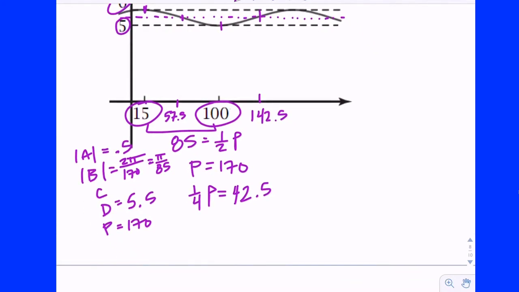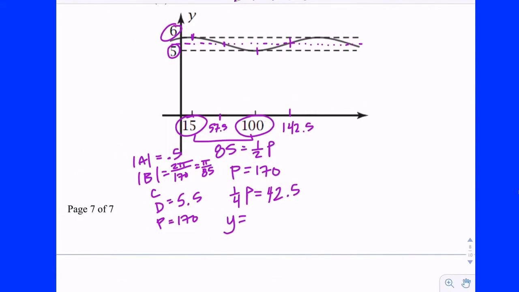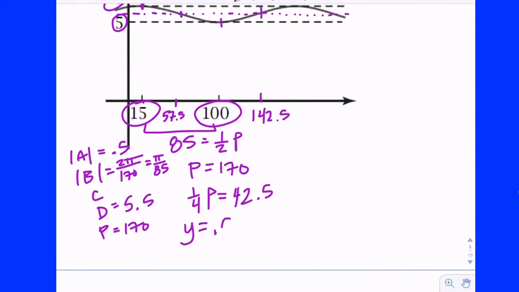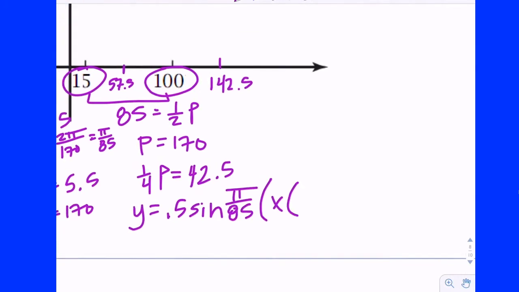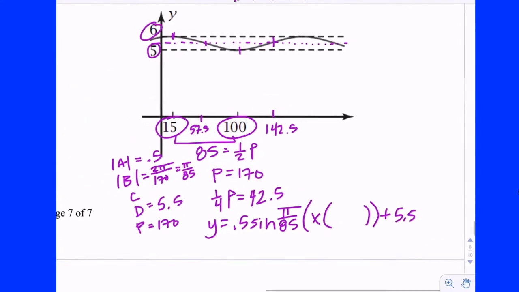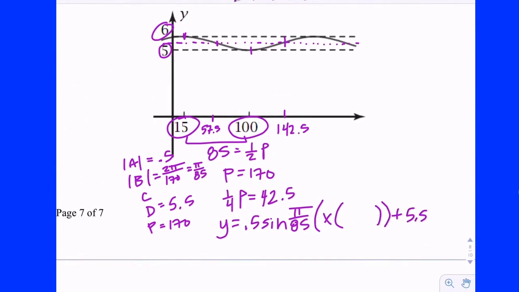So here we go. y equals, let's do a positive sine. The amplitude is 0.5. Sine of our B value comes next, which is pi 85ths, times x plus or minus something. And then the D value is plus 5.5. And now for a positive sine, we shift over to what?